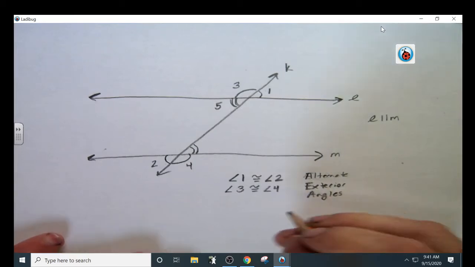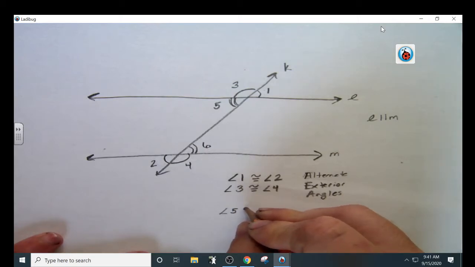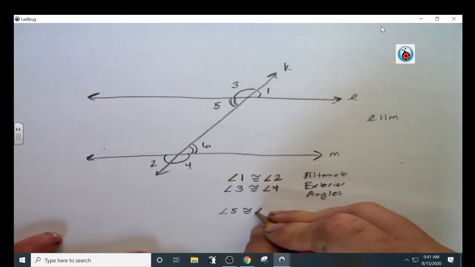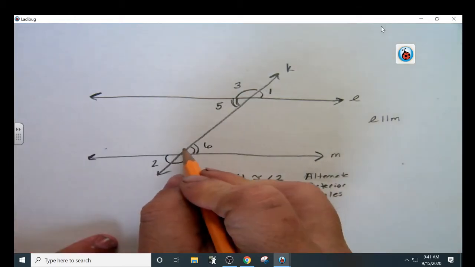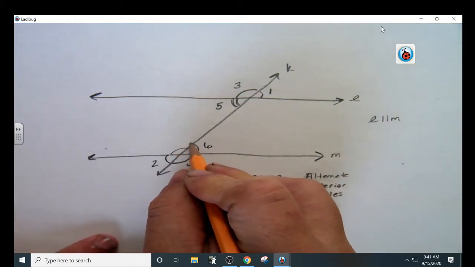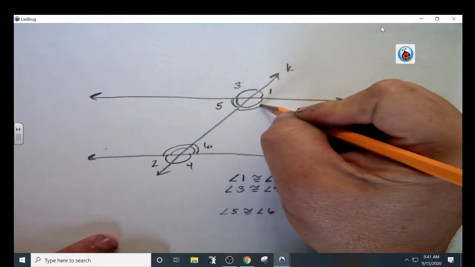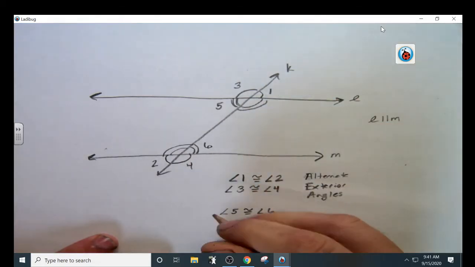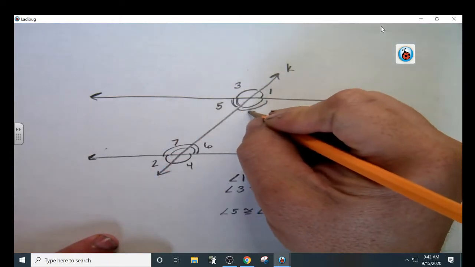All right. Now angle 5 is congruent to angle 6, and angle 7 is congruent to angle 8.